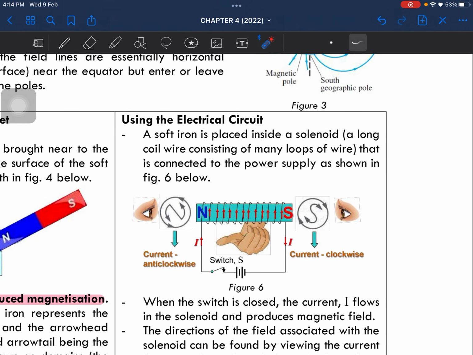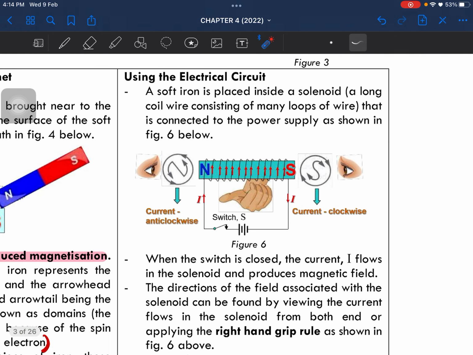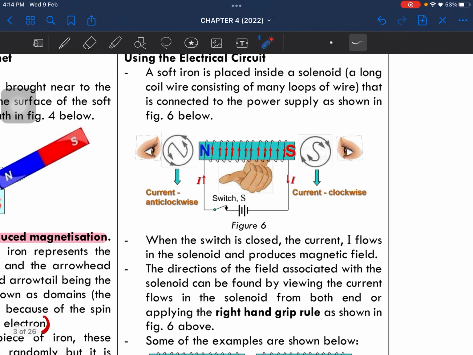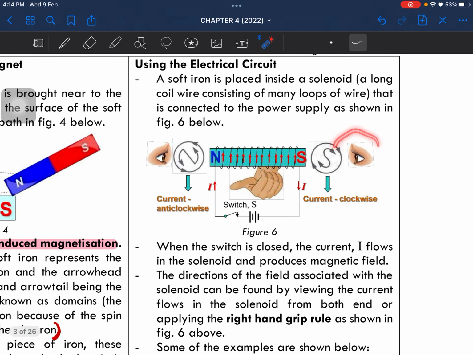Alright, now the second method, using the electrical circuit. Place a soft iron inside the solenoid, and it should be connected to the power supply lah. When the switch is closed, meaning the circuit is turned on, it produces a magnetic field lah. The direction of the field can be found by viewing the current from both ends. So we view from both ends of this solenoid using the right hand grip rule.